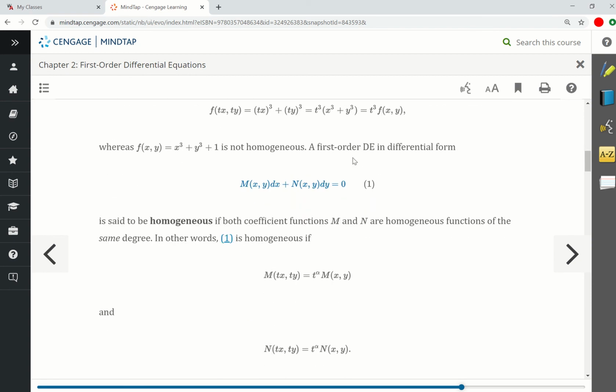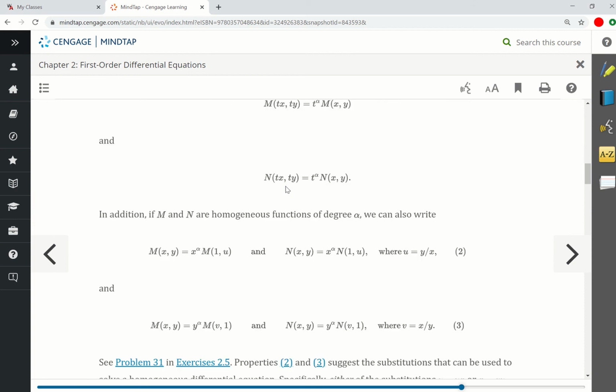This is a definition about a first order DE being homogeneous. It means that both of its component functions are homogeneous, and furthermore, they both have to be homogeneous of the same degree. So if m is homogeneous of, let's say, degree 4, and n also happens to be homogeneous of degree 4, then we would say that our differential equation itself would be homogeneous of degree 4.